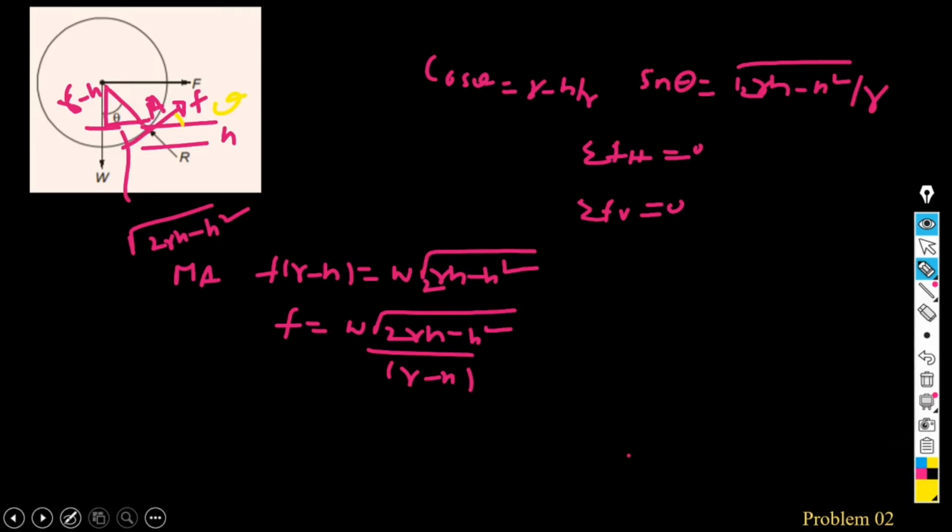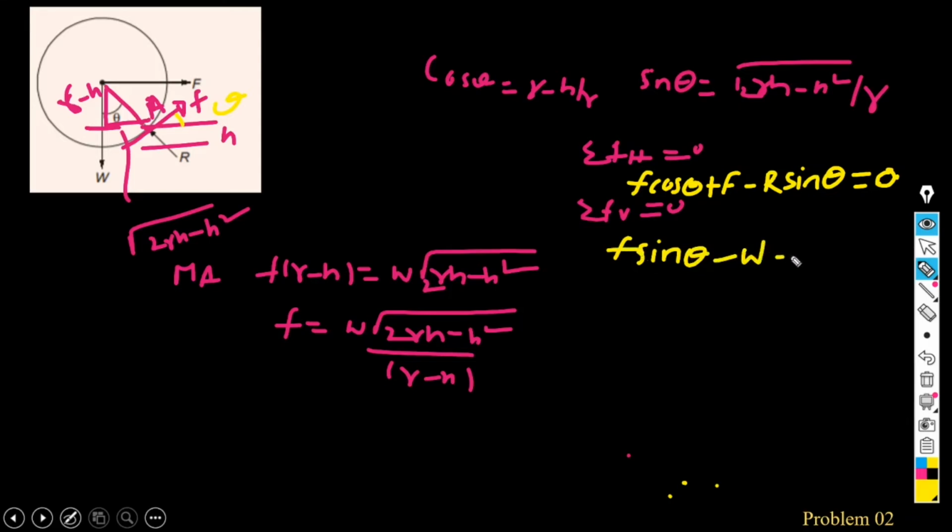Summation of forces along horizontal is equal to F cos theta plus applied force F minus, then this is R, the horizontal component is minus R sin theta, is equal to 0. Then summation of vertical forces is equal to F sin theta minus W plus R cos theta is equal to 0.